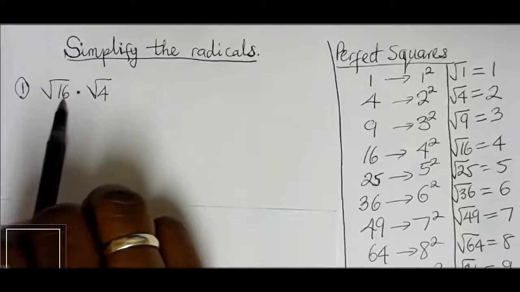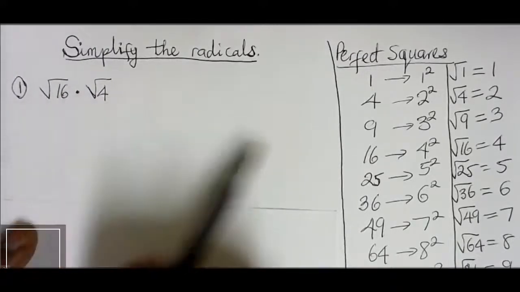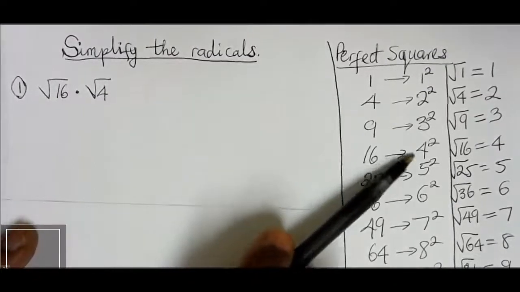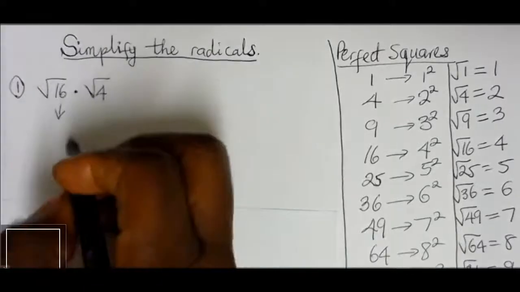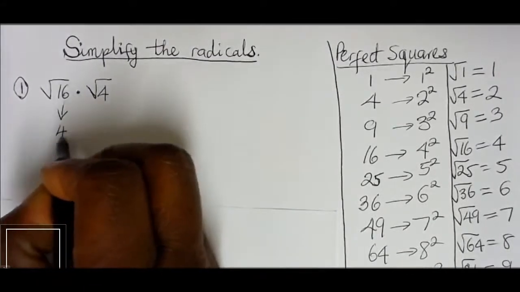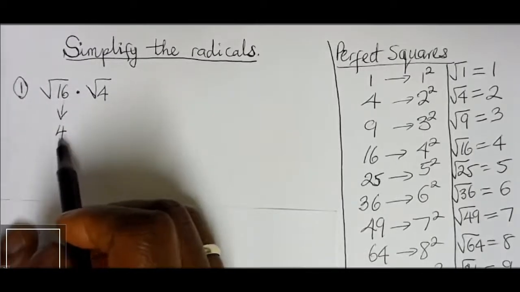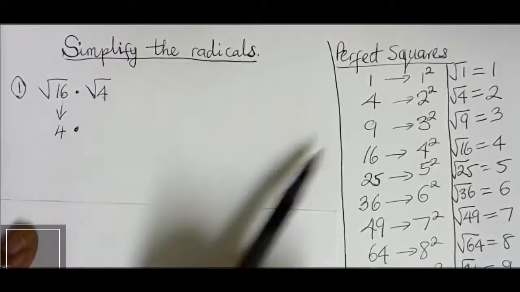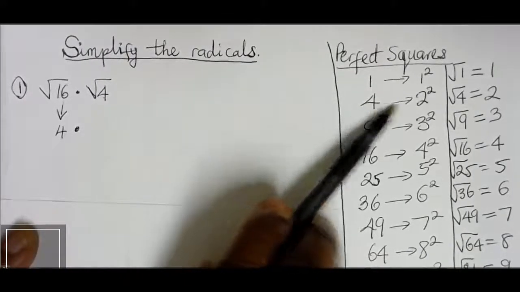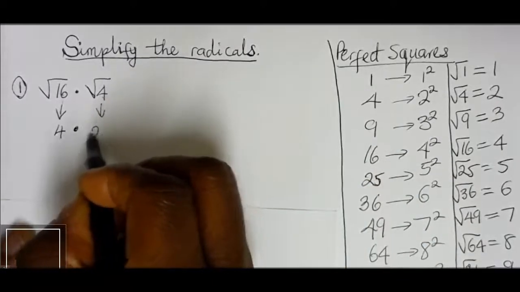So, square root of 16 times square root of 4. Square root of 16 is 4 because 4 times 4 is 16. So this is simplified to 4. And once you write 4, you don't put the square root sign anymore. Then times, 4 is a perfect square also, and the square root of 4 is 2.